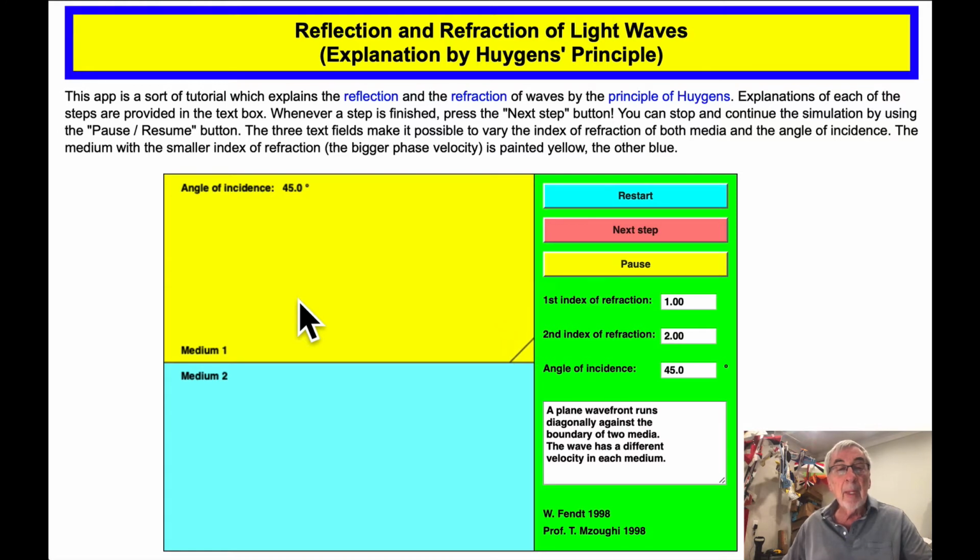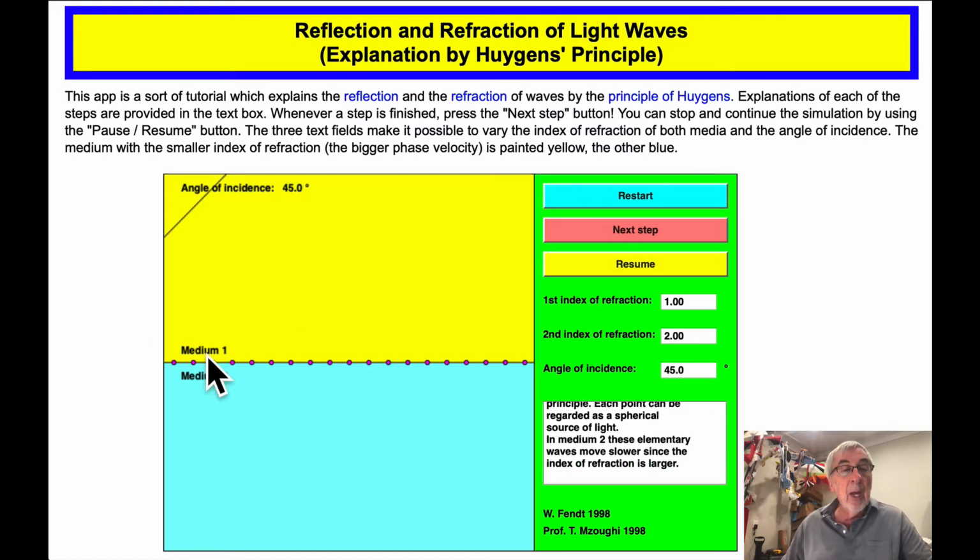All right. So now here's the next step. What happens in the next step? Let me pause it and read the material. Upon arrival at the wavefront, points along the boundary behave like little Huygens principle wavelets. Each point can be described as a spherical source of light. So what is done here along this interface between the two material systems, we put little artificial wavelet points.